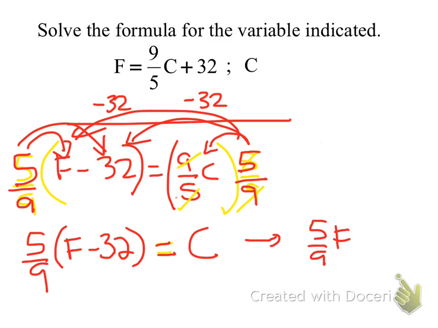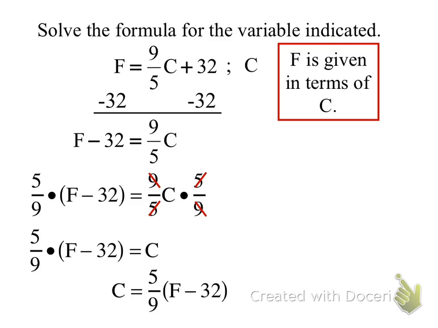All terms. So you either have to multiply it out or leave it in that parentheses. I could do 5/9 F minus, I think it's 160 over 9 once I multiply it in. But why do that? It's extra math. I don't have to. Right? And then I just flip it around.